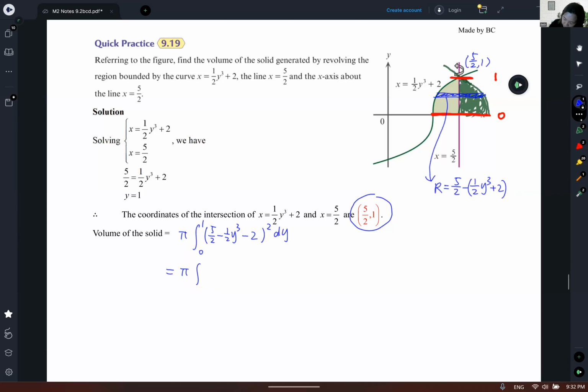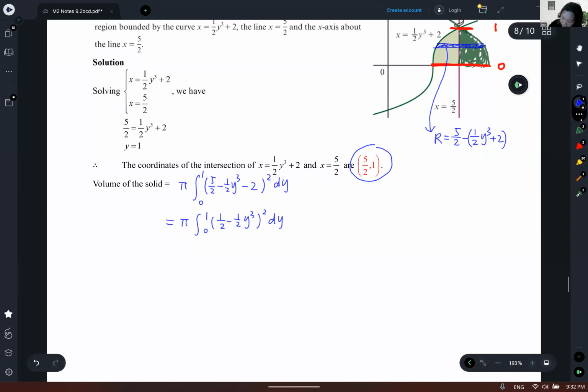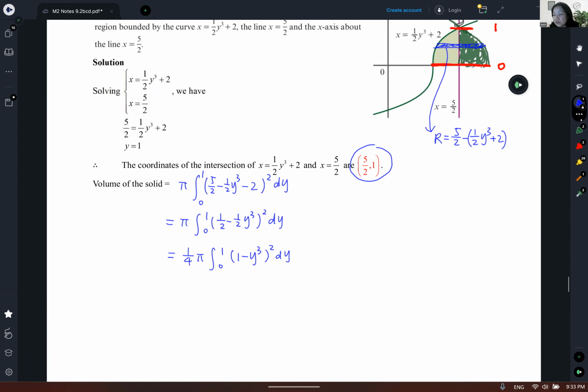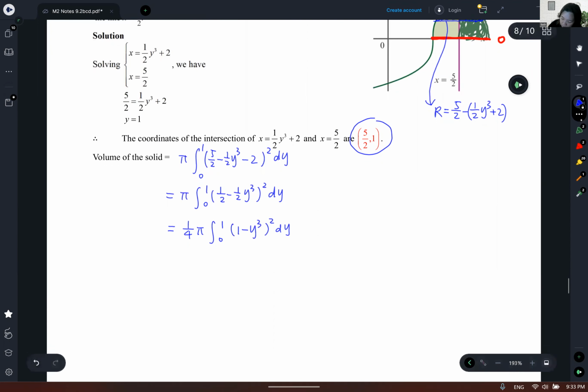Simplifying. Not forgetting the square outside. And then take out 1 over 4. I think it's easier that way without a fraction. Still have to do the expansion.